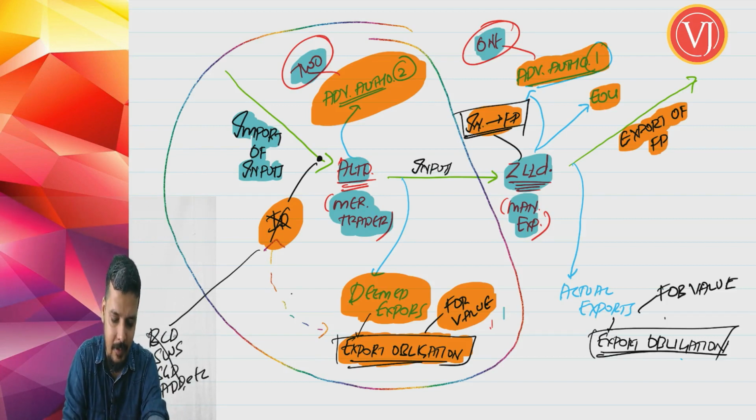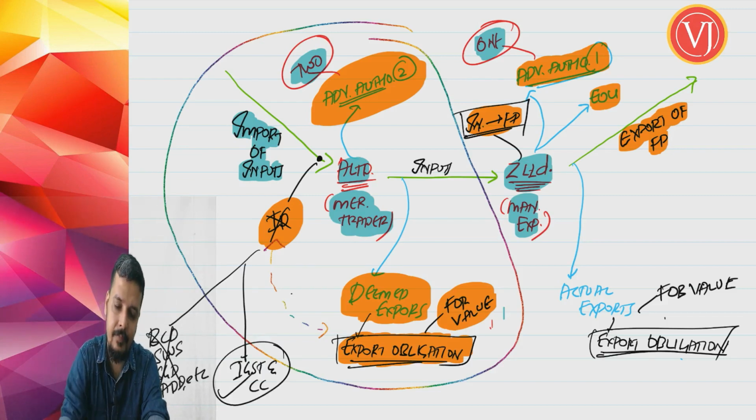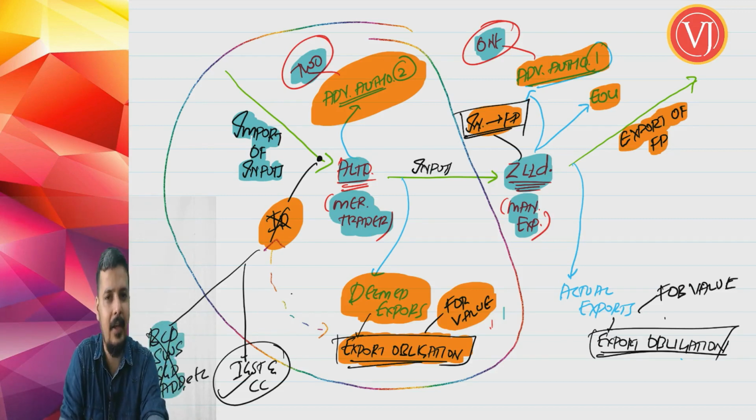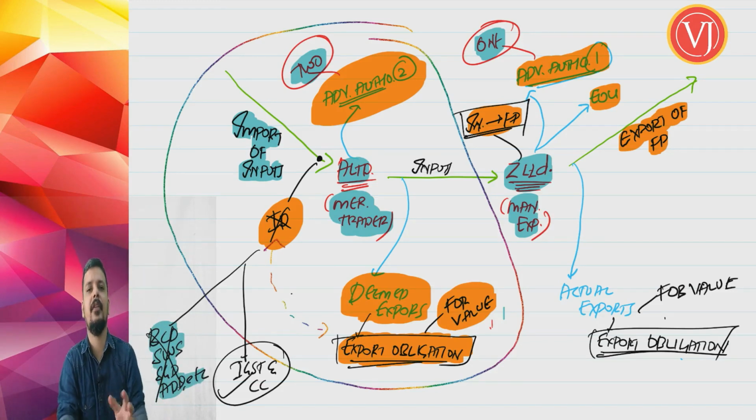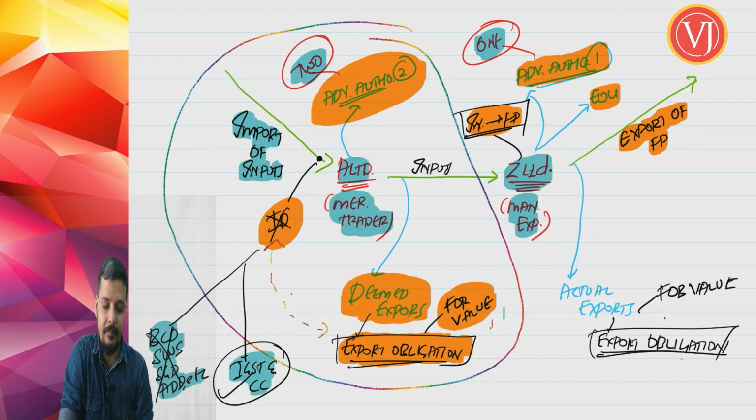All of them are exempted, but you have to pay IGST and compensation cess. That is not exempted. So when I tell you that for deemed exports you are not paying import duty, I mean you are not going to pay basic customs duty, social welfare surcharge, safeguard duty, anti-dumping duty, etc. You are not going to pay all these duties, even special import duties, but you have to pay IGST and compensation cess. So that you have to understand.